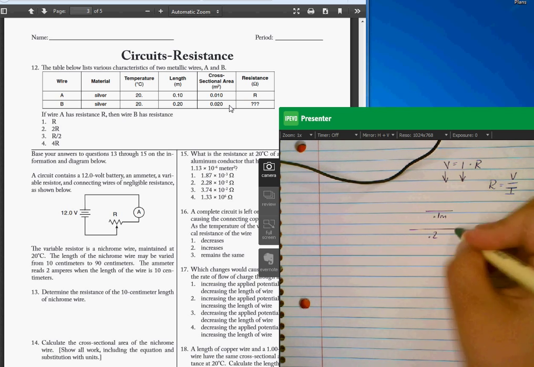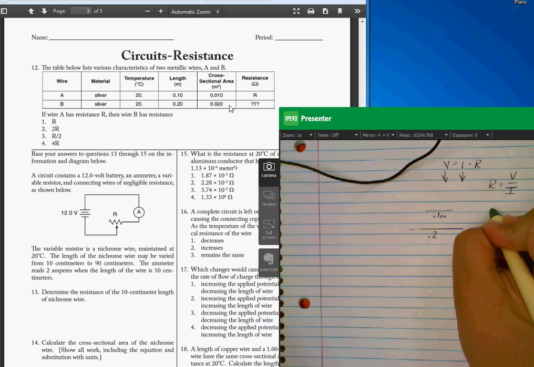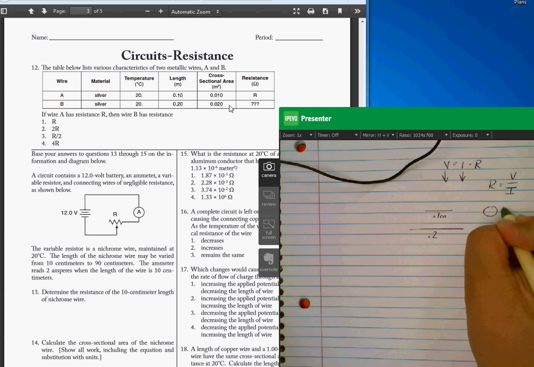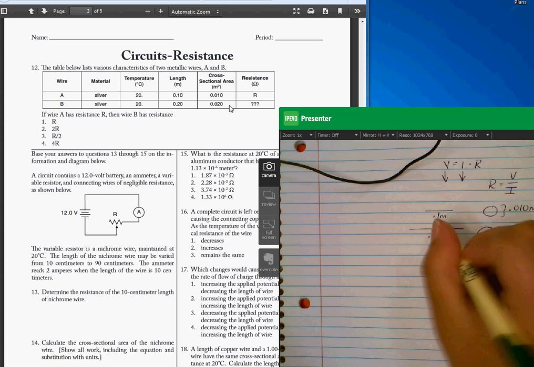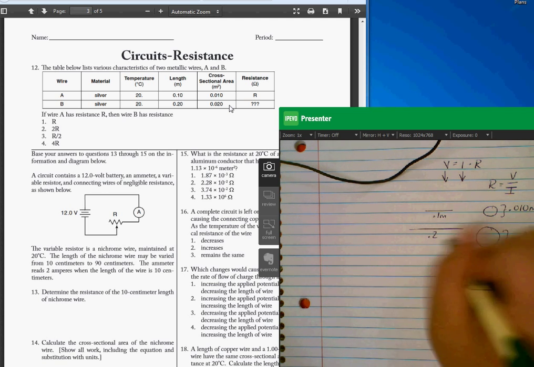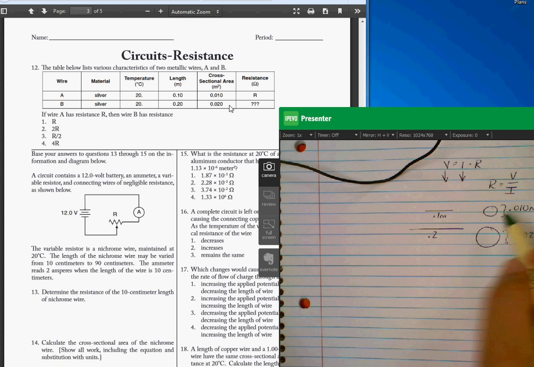So I have doubled in size. For the cross-section, I have one with a total area of 0.010 meters squared, and for the other one, it is larger at 0.020 meters squared. So when we look at 0.1 and 0.01, 0.2 and 0.02, we've actually doubled the length and the cross-sectional area.